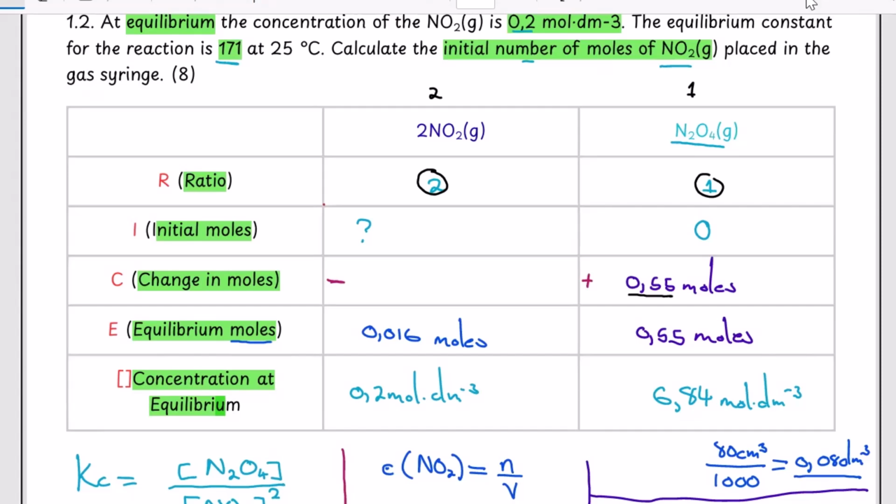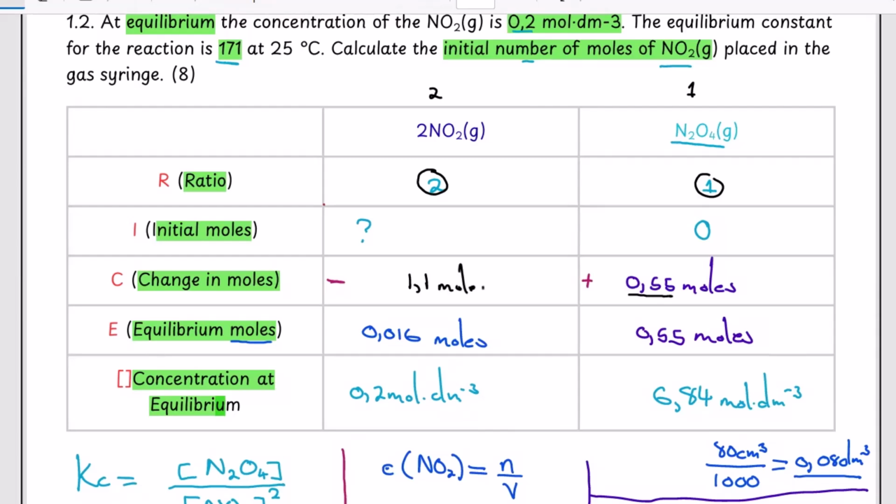So if we have 0,55 on this other end, here we're going to have double the number of moles. So we multiply 0,55 by 2 and get a value of 1,1. So the change in moles is going to be 1,1 moles.